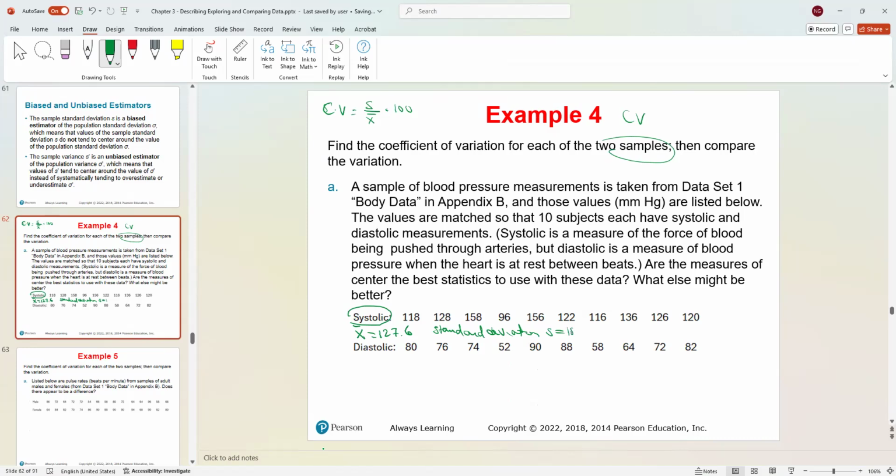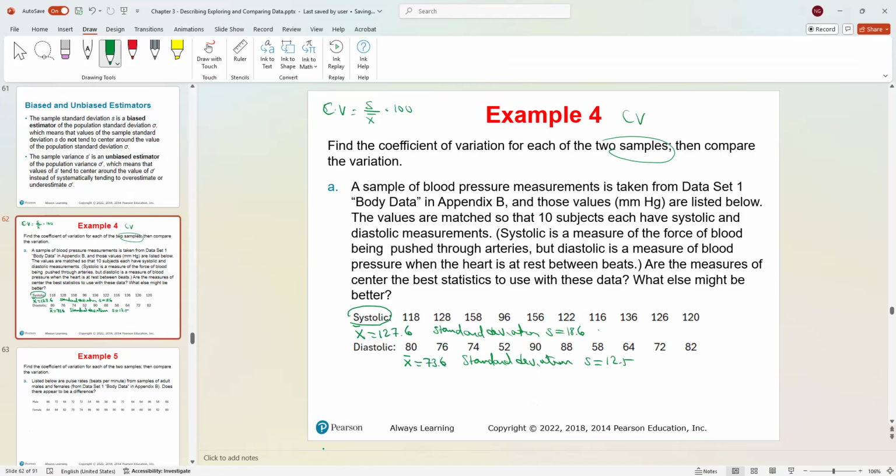And for the diastolic, x bar is 73.6, and the standard deviation S, after you do all the computation, is 12.5.